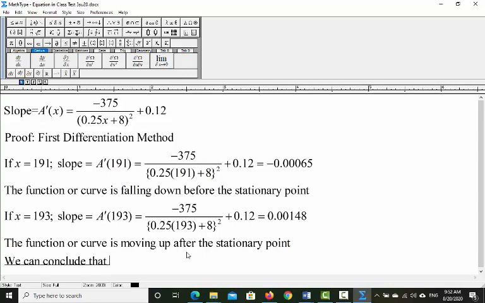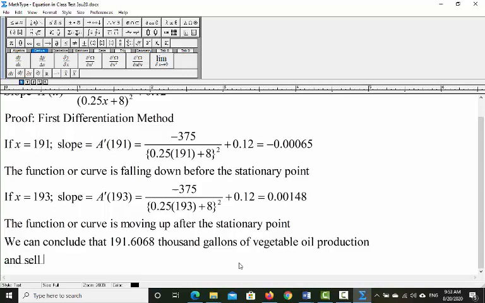So we can conclude that 191.6068 thousand gallons of vegetable oil production will lead us to minimum average cost.